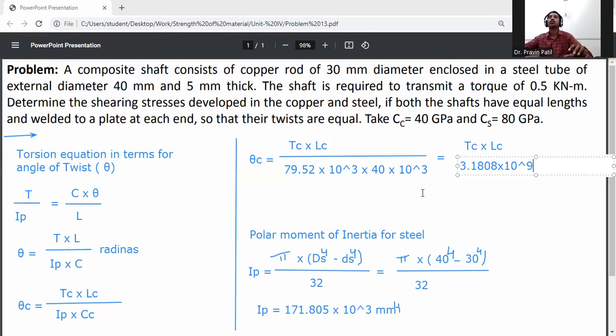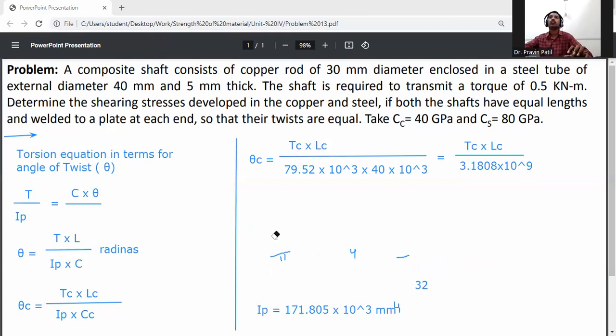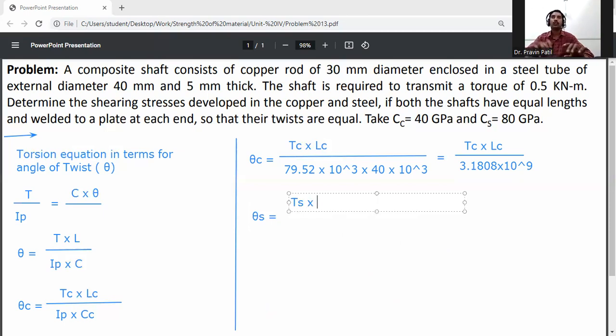Okay. So similarly calculate the angle of twist for steel, that is theta S is equal to TS into LS divided by IP into CS. Okay.